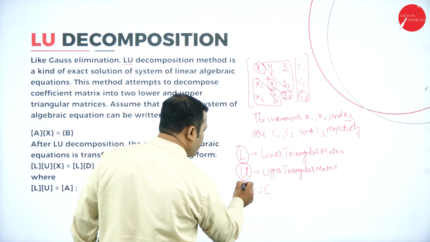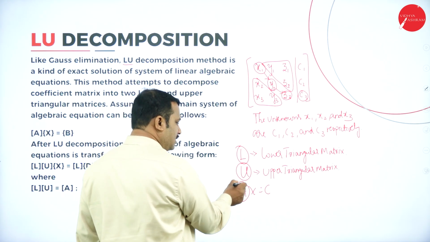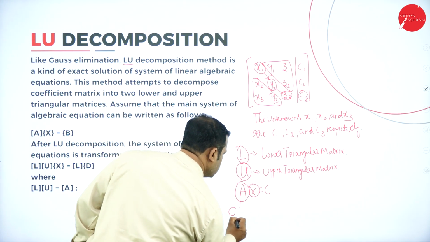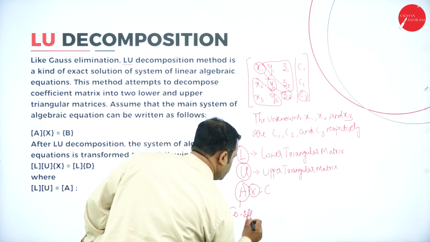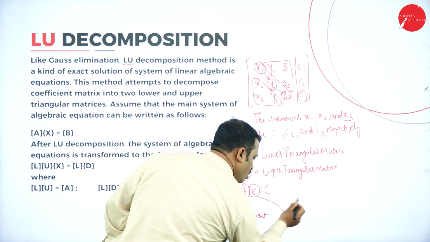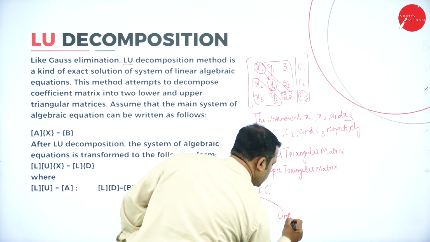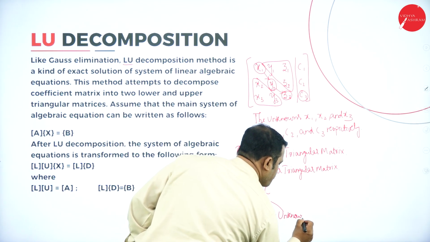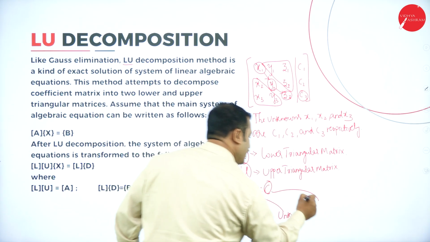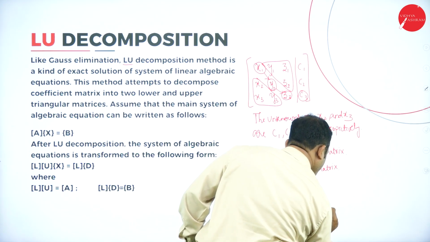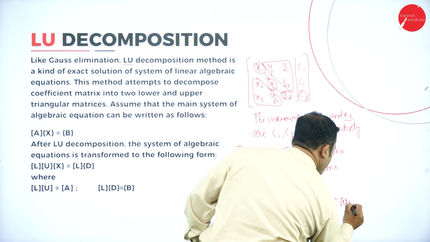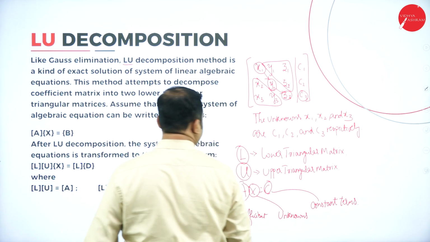Here we have A, which is a matrix of coefficients. This is called a coefficient. What is this? This is called an unknown which needs to be determined. What is this? This is a constant. Constant terms.